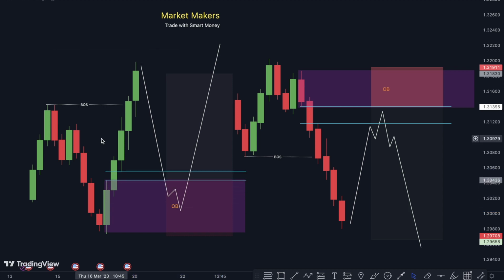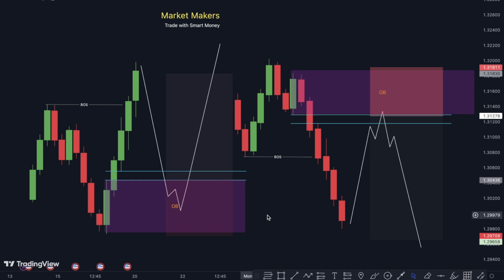So you will have to look for inefficiency to enter in the order block. After a break of structure, look for order blocks, look for inefficiency in those order blocks, and enter your trades. So this is something advanced, guys, but not confusing. Just put a little bit of your mind into it, then you will understand it.